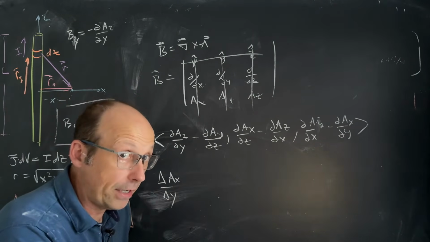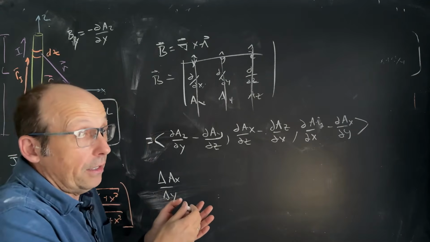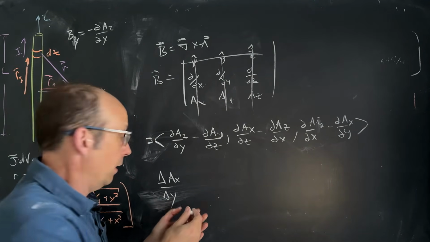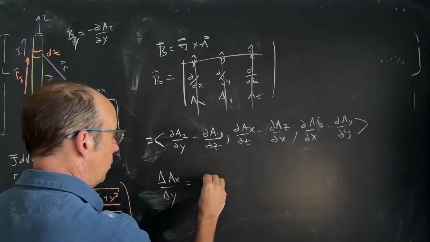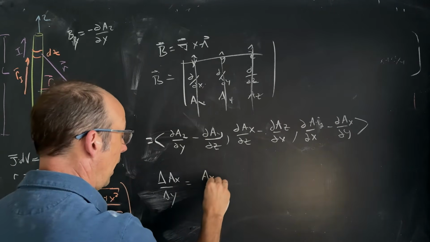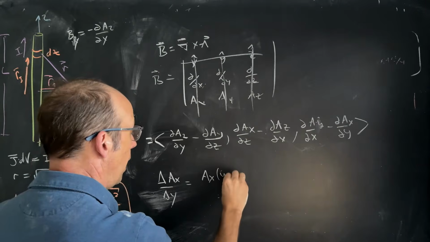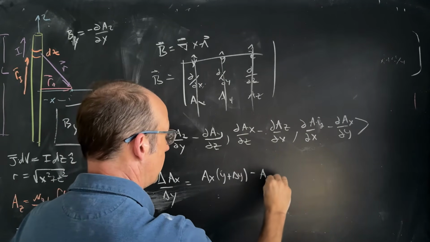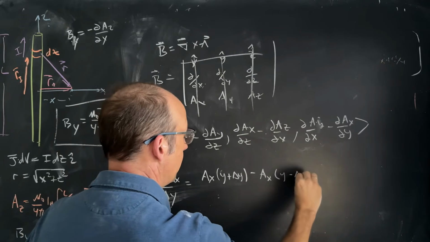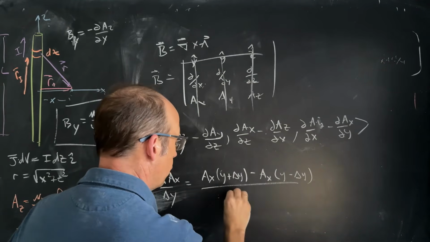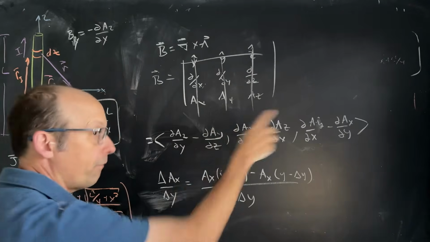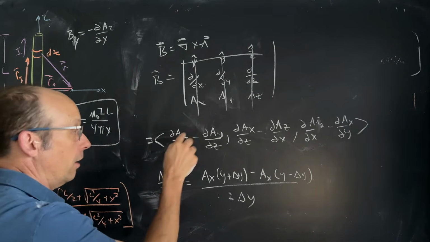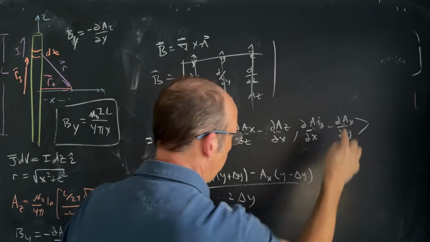Now, I'm going to have my vector a, a function a that I can find anything from. I want the x component of that. So this is going to be equal to ax of y plus delta y minus ax of y minus delta y, all over 2 delta y, because I went forward delta y and back delta y. So that's what I'm going to do. I need to do that there, and return a vector.